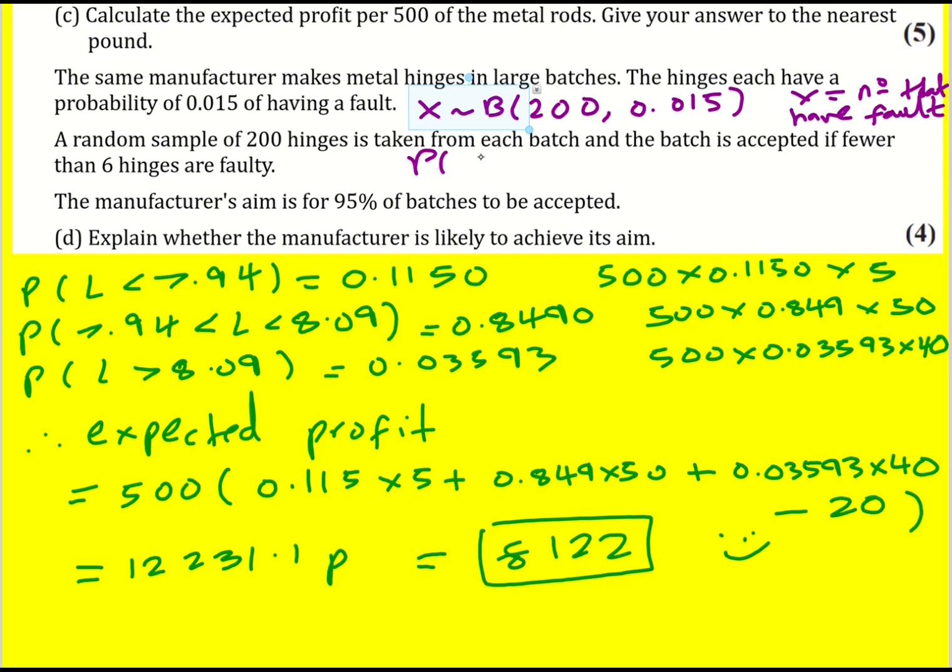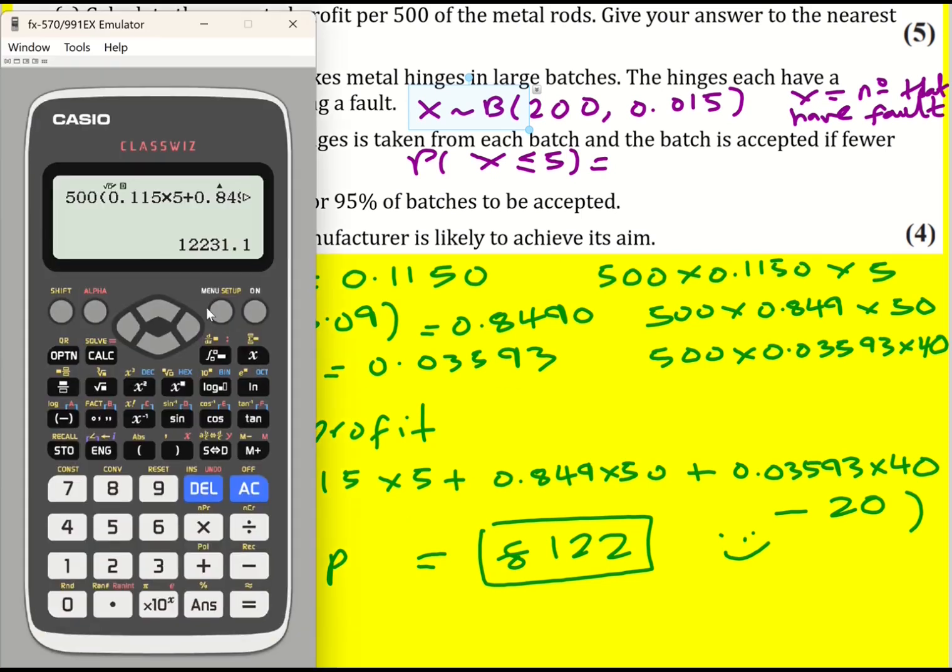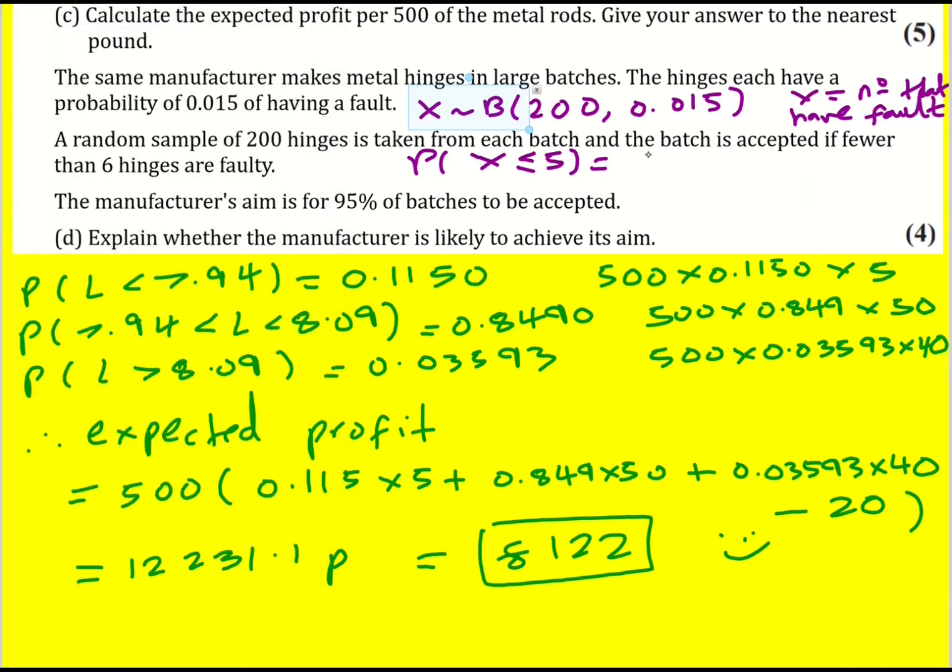So the probability that X is, okay, it's accepted if there's fewer than 6 hinges faulty, so X is less than or equal to 5. And we get a pretty high probability, 91.76%.